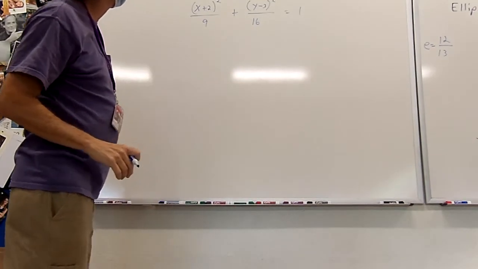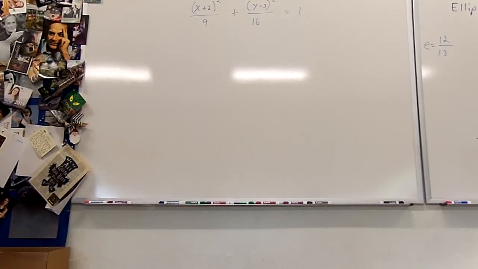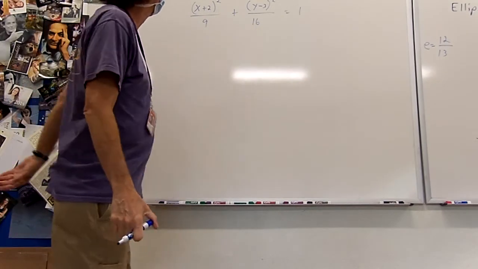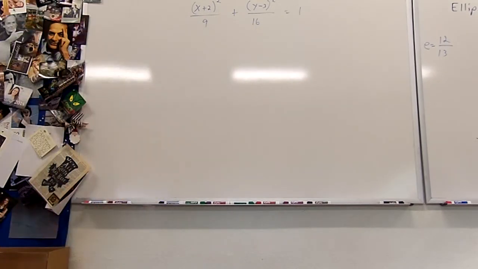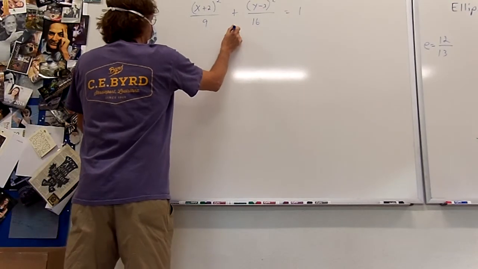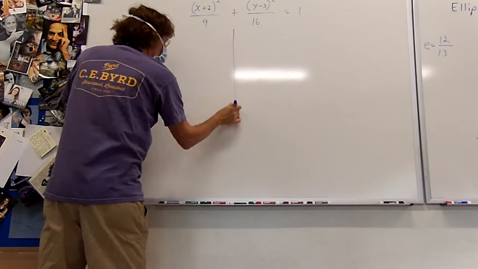All right. Notice I put the big number on this one under the y, just to make it look good. All right. Can everyone tell me the center? What's the center value? Yes, ma'am. Negative 2, 3. And you said it loud enough I could hear you. Very good. Okay.